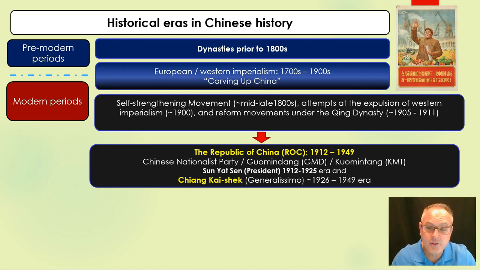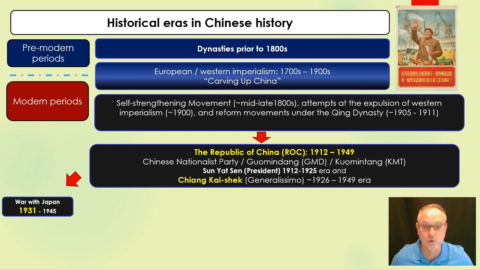Sun Yat-sen dies in 1925 and is replaced by Chiang Kai-shek, often referred to as the Generalissimo, who takes power around 1926 as a transition of power, and he is the leader, if you like, president of the Republic of China, the nationalist government, throughout World War II, the Civil War, until 1949, when the Communist Party win and the Nationalist Party retreat to their final stronghold on Taiwan, and the Chinese Republic exists to this day, while in 1949 on the mainland, the People's Republic of China is formed.